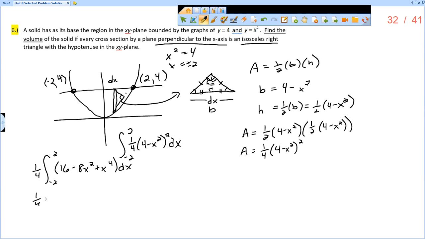So I've got the 1/4. Integrating, I get 16x minus 8x cubed over 3 plus x to the 5th over 5, evaluated from negative 2 to positive 2.